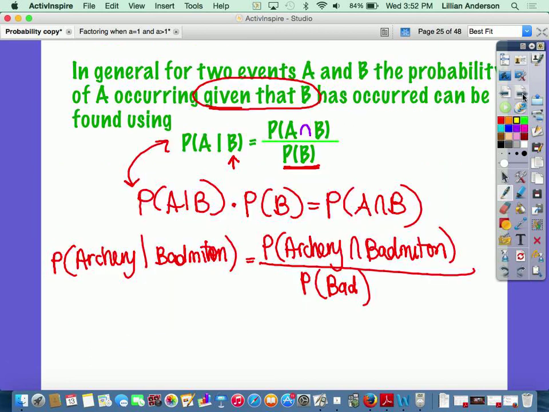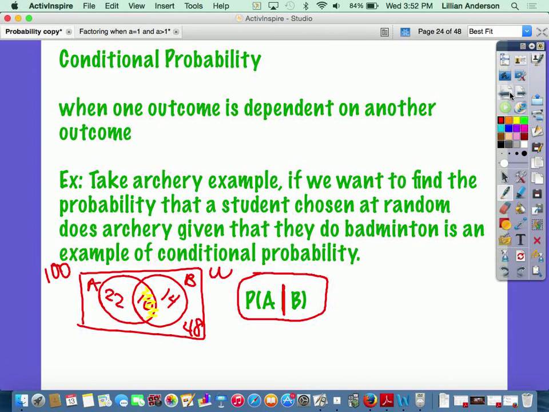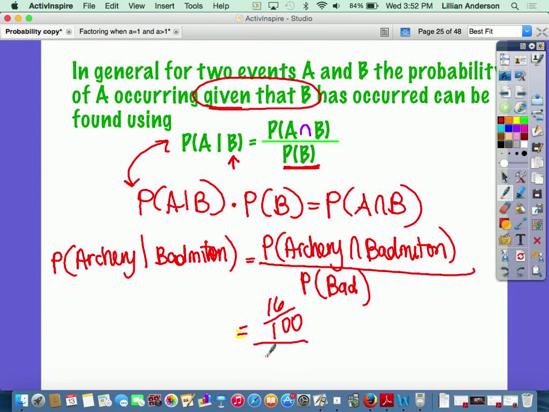So at the top, it's going to be 16, all right, out of the total 100 kids, divided by the probability that they played badminton. Well, that was given to us as the probability of the kids who played badminton was right here, which was 30 out of 100. So you basically have one fraction on top of another fraction, and then you just simplify.